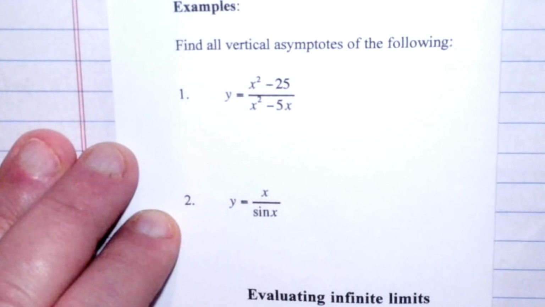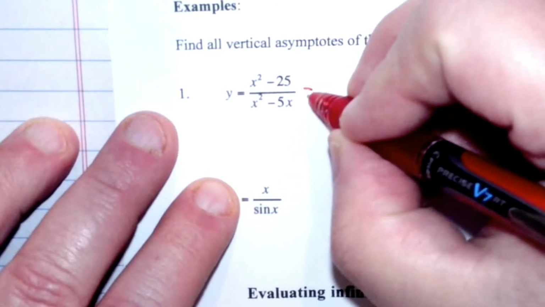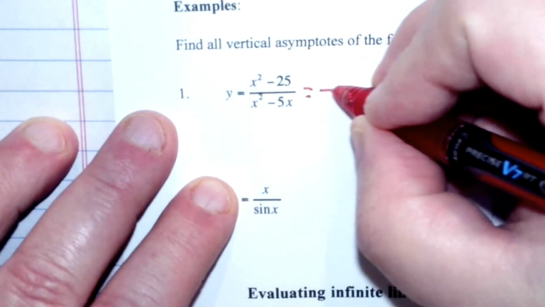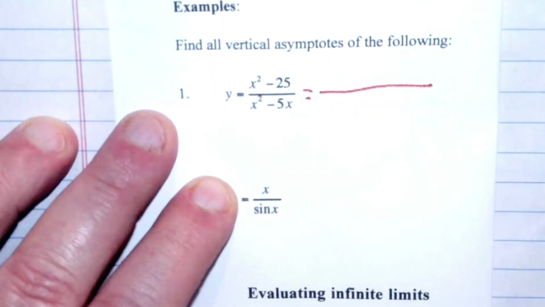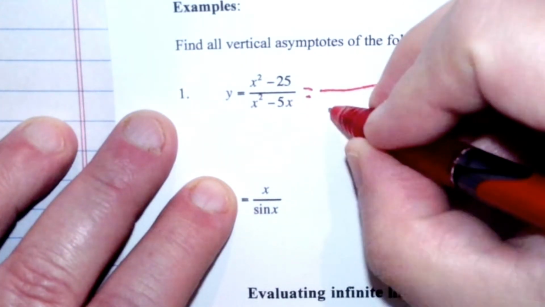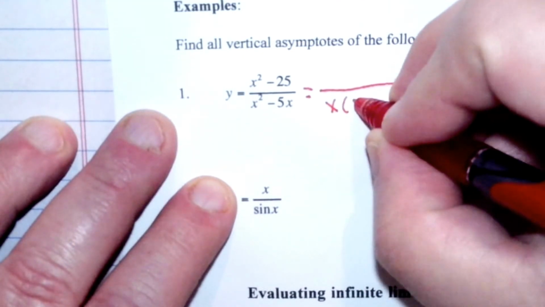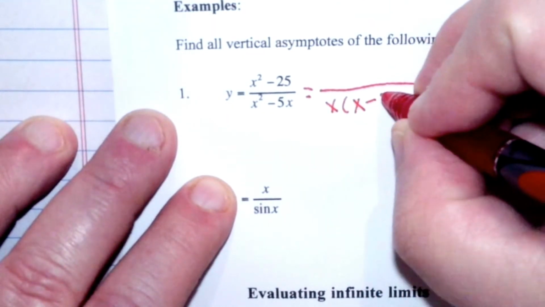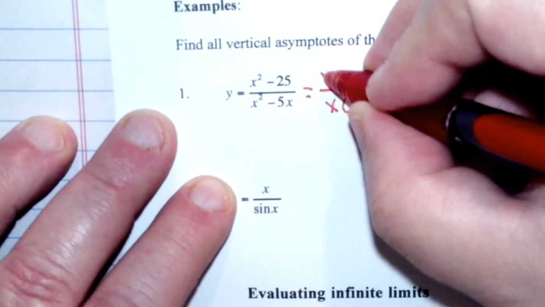In number 1, you've got y equals x squared minus 25 over x squared minus 5x. Really what I'm asking you to do is find all the non-removable discontinuities. So let's factor the denominator and the numerator.